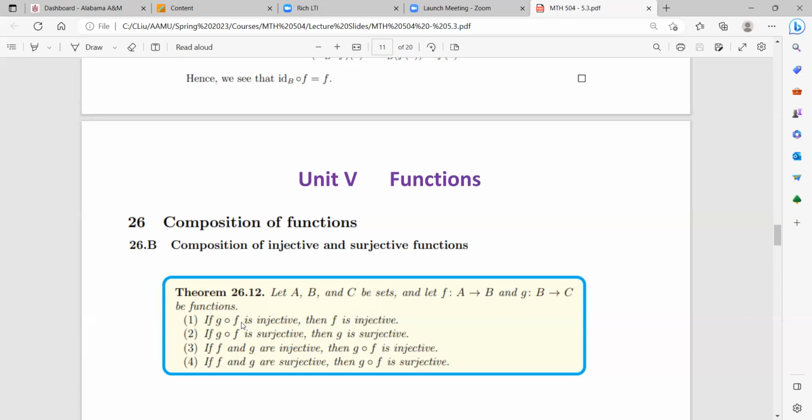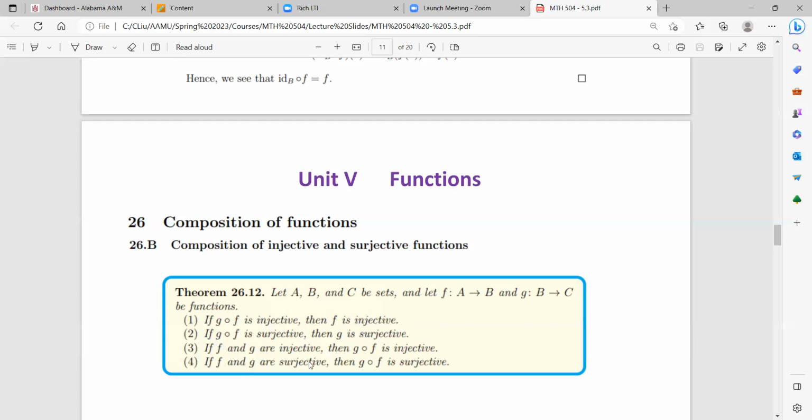If the composition g and f is surjective, then g is surjective. So just be careful about these results. You cannot say, for example, in the first case, whether g is injective or not. And in the second part, you don't know whether f is surjective or not, and so on.